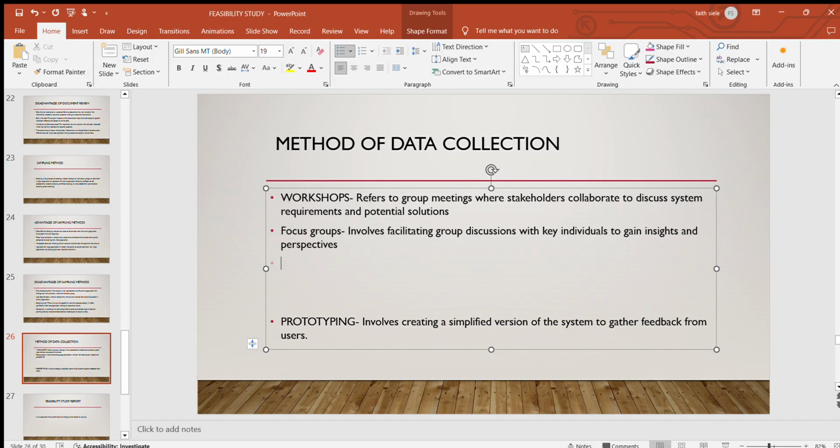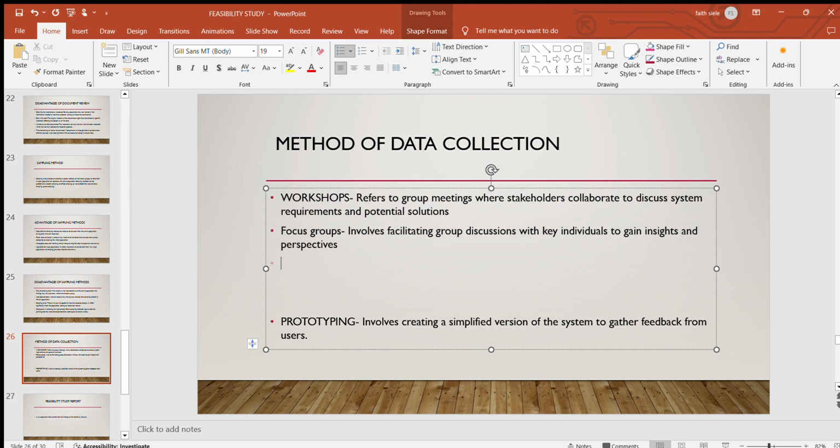So under focus groups, we have a number of advantages. Like it facilitates interaction and discussions among participants. It can also generate new ideas and insights, and it also provides qualitative data which can be used to understand the group dynamics and even opinions.